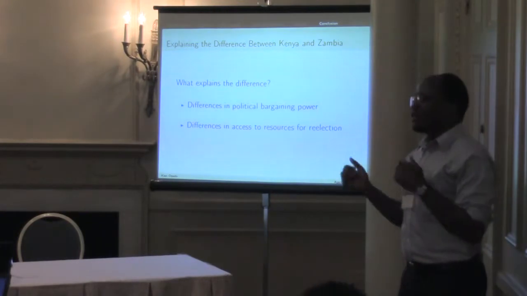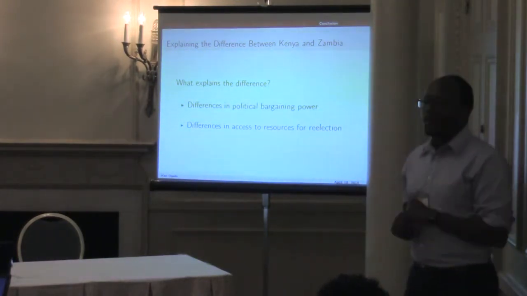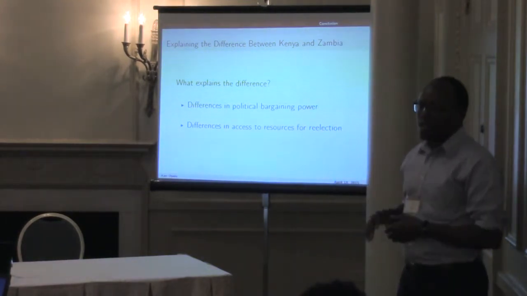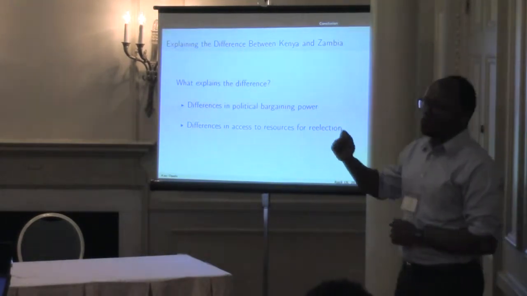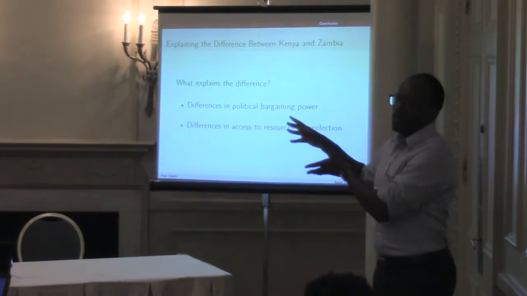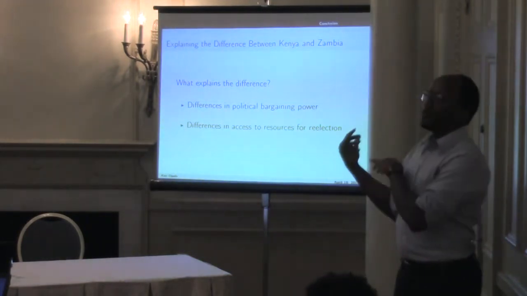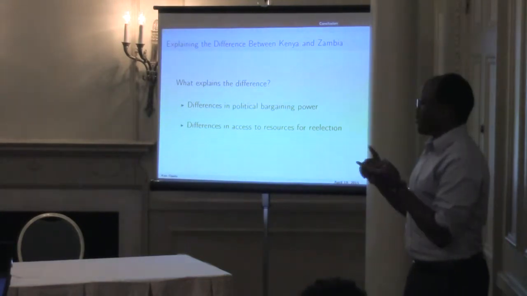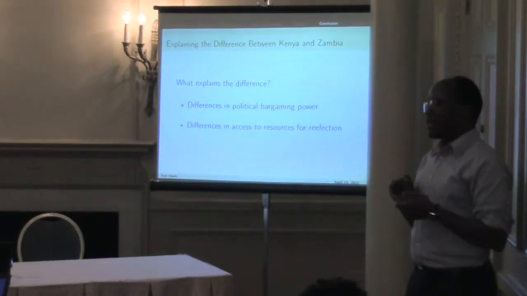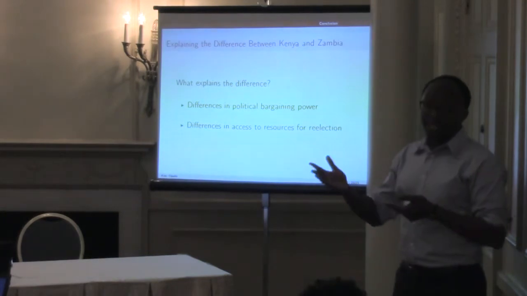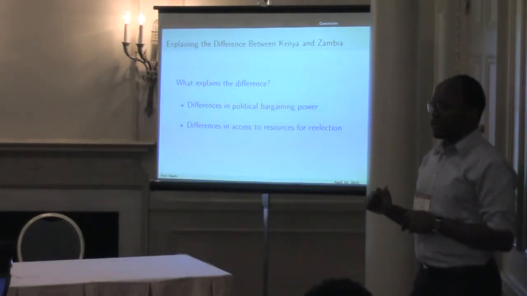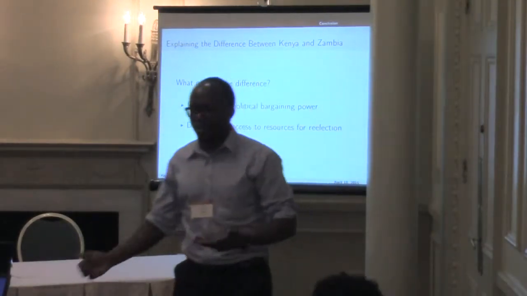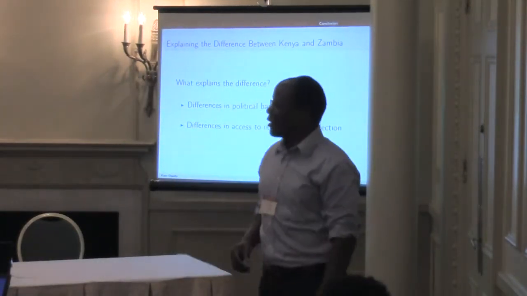But the MP needs resources to buy votes, in a general sense. So the MP cannot say, I passed a legislation that reduced inflation. The MP needs to say, I brought resources that built the bridge, I paid your school fees. And so the higher the share of the budget the parliament gets, or the more money MPs are paid, or the more resources they get for constituency service, the more advantaged they'll become. And so there's an institutional story beyond the political story that we hear about in incumbency advantage.